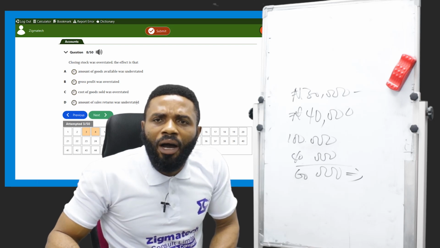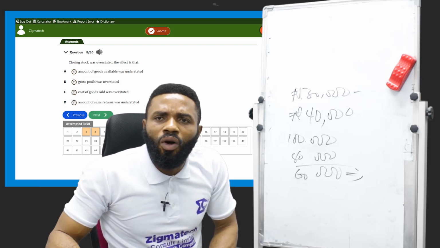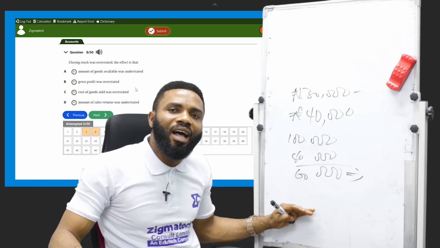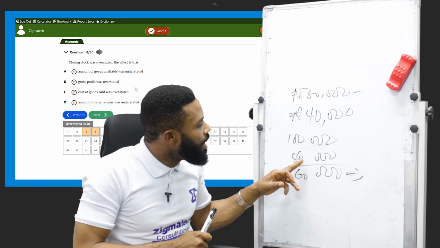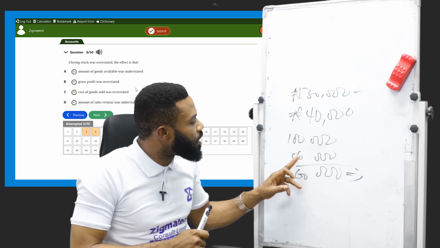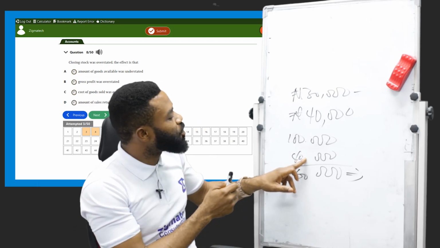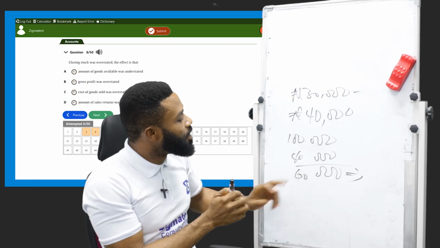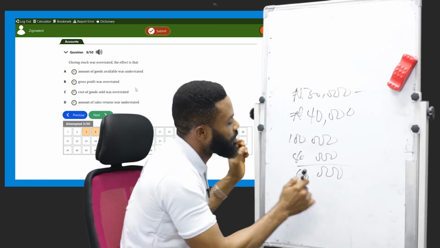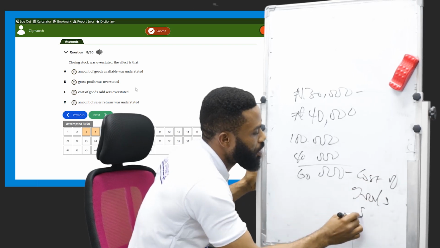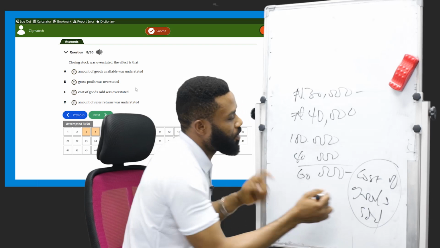The right thing would have been that gross profit is understated, because the higher the gross profit... this is cost of goods sold, not gross profit.